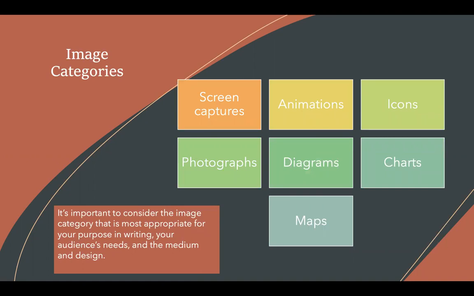It's important to consider the image category that is most appropriate for your purpose in writing, your audience's needs, and the medium and design. So you have to consider, would your audience be more receptive to a photograph or a diagram? Those are all things to think about as you're analyzing the rhetorical situation for whatever text you are creating.